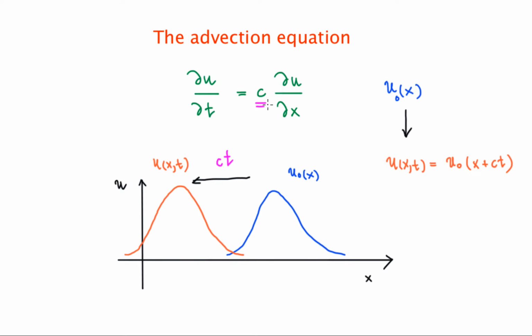If c depends on position and time, then we cannot say that, and the analytical evaluation of this equation can become strongly complicated. But when c is constant, the analytic solution is pretty easy, and that's going to be useful for us to check the validity of different numerical methods that we are going to apply to this advection equation, and that we are going to analyze in the next sections.